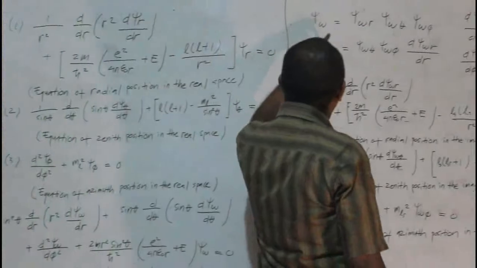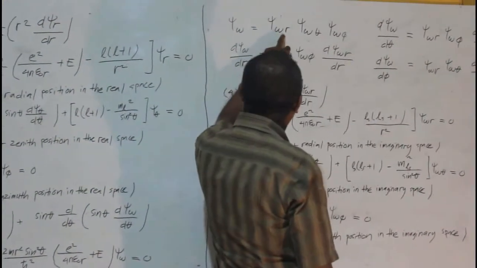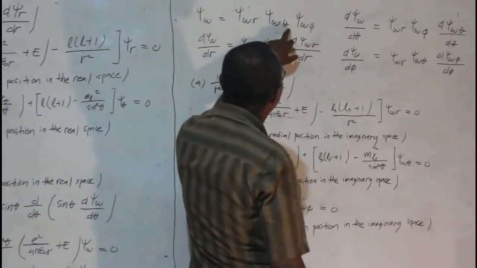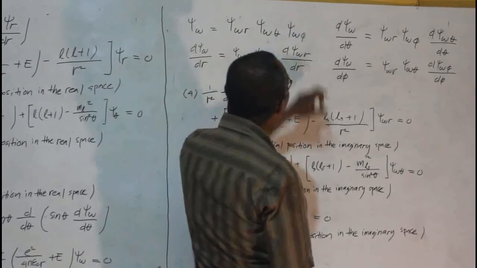Thus we write psi omega equals psi omega r times psi omega theta times psi omega phi.